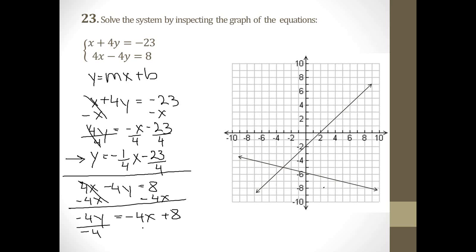And then dividing by negative 4, dividing by negative 4, and one more time dividing by negative 4. This leaves us with y is equal to negative 4 over negative 4 is just x, and positive 8 divided by negative 4 should give me a negative 2. This is our second equation.